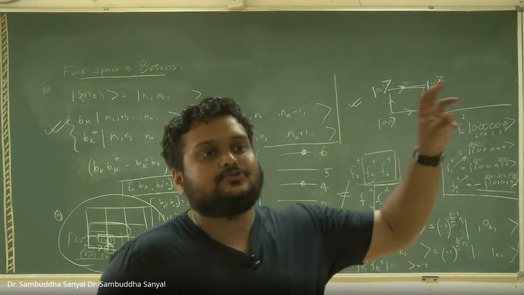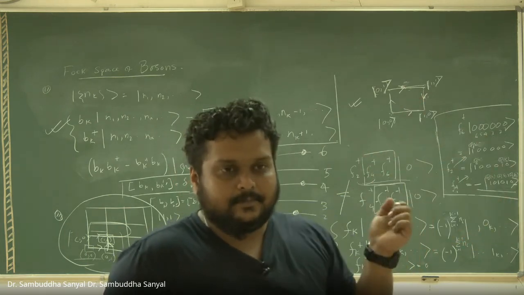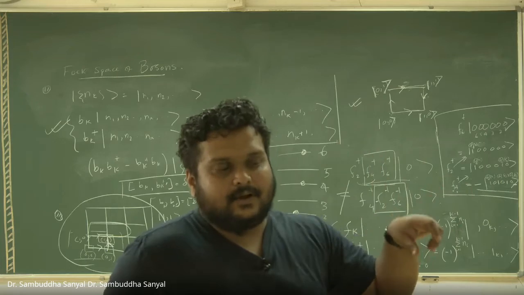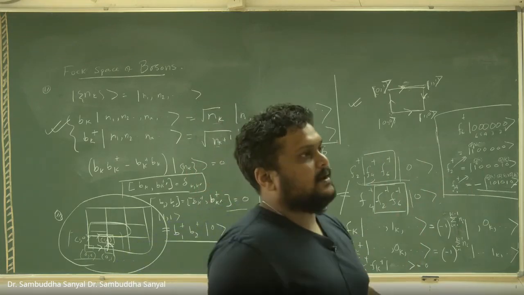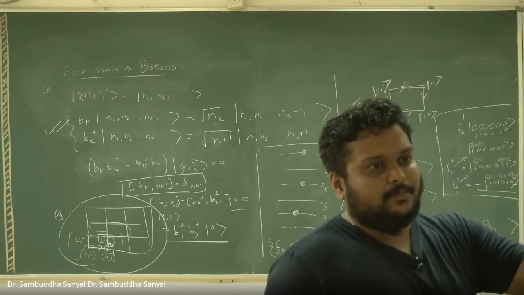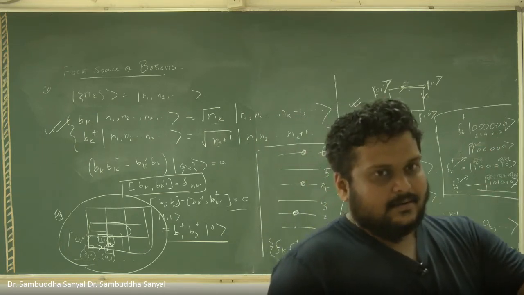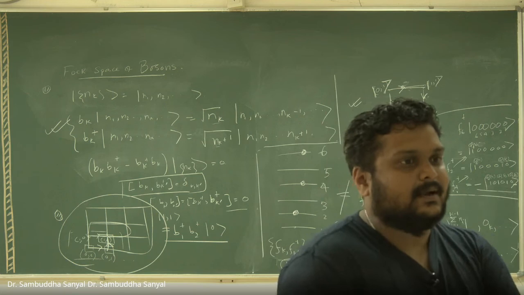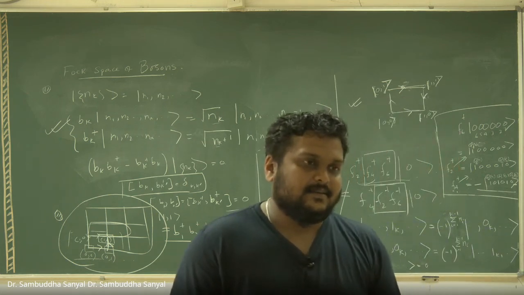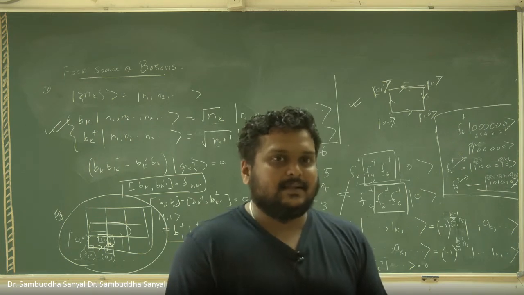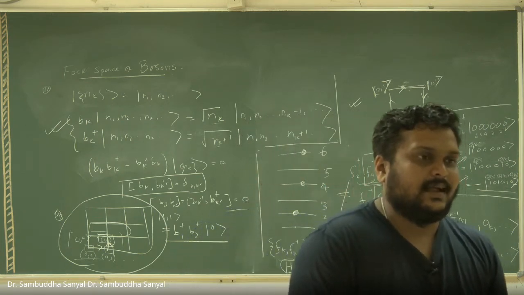If you choose to put it at 2, there is no problem, but if you try to put it at 4, there is a problem. So when you are trying to put a new particle, it matters what particles are already there and where they are. That decides where that new particle can go, and that matters a lot.